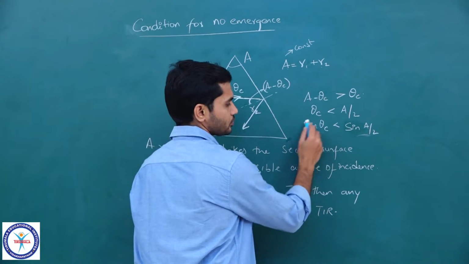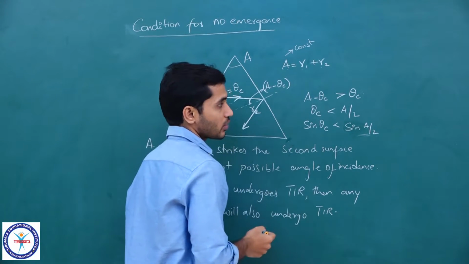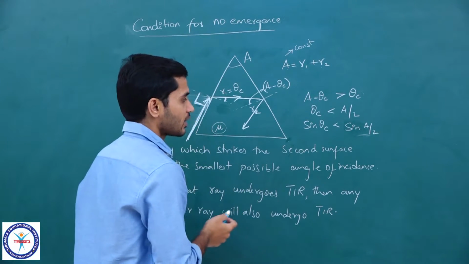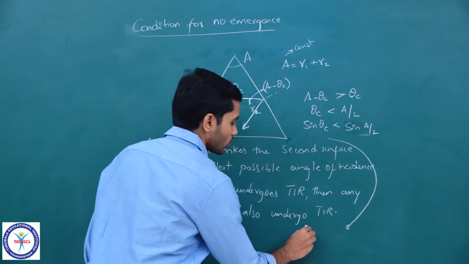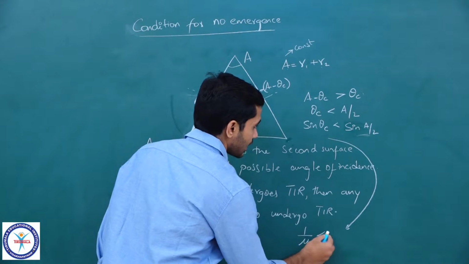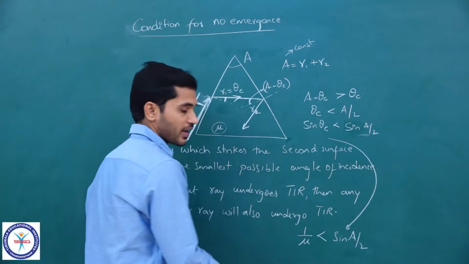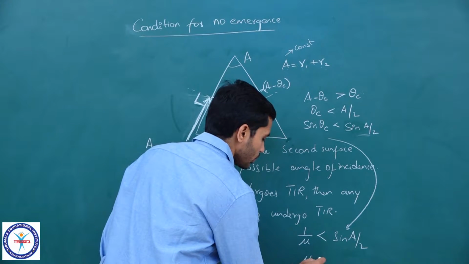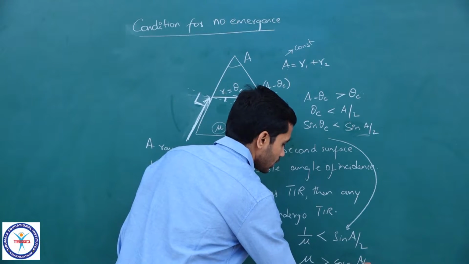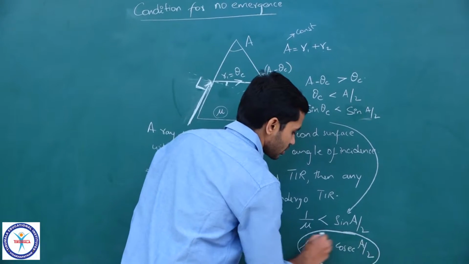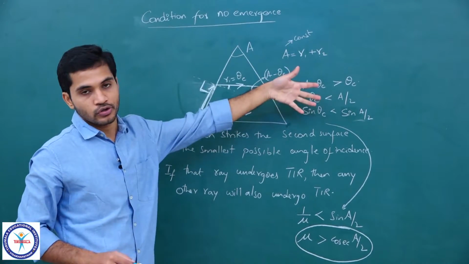So, you know that sine theta c is nothing but 1 by mu. If you replace that with 1 by mu, what do you get? The final result I am going to write down here: 1 by mu lesser than sine A by 2, and simplifying this would give me mu greater than cosecant A by 2.